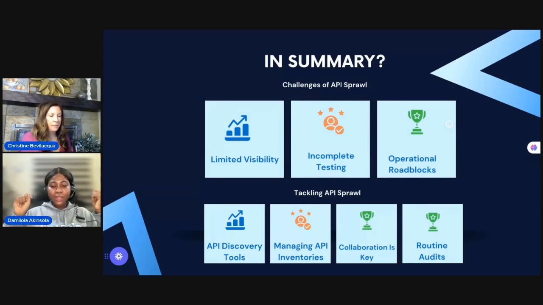So we have a single source of truth. Then collaboration is key. I emphasized this a lot, how you need to collaborate with every stakeholder in your organization, because you can't do this alone. You need everyone on deck to actually have a great API inventory.